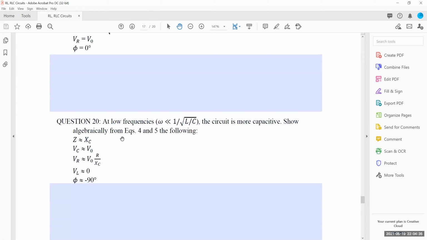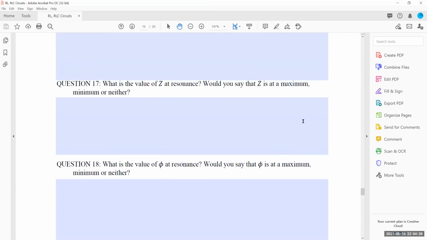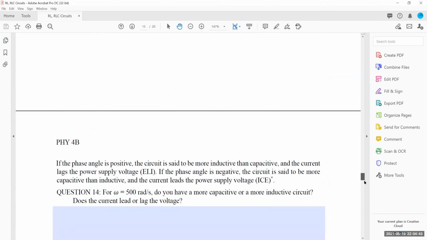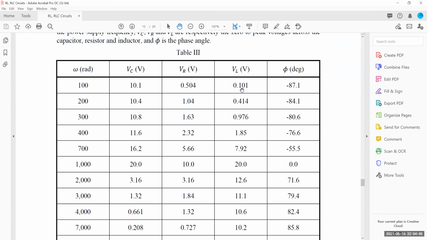And for very small frequencies, then in this case, where is the table? The voltage across the inductor, because omega is super small in this case, is practically 0.